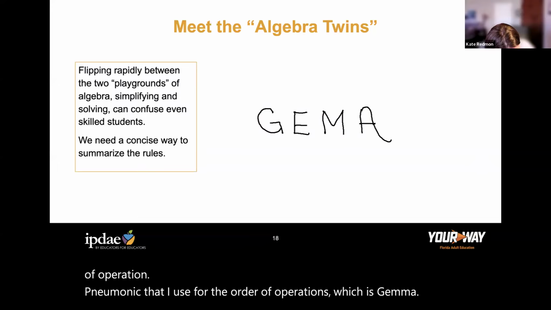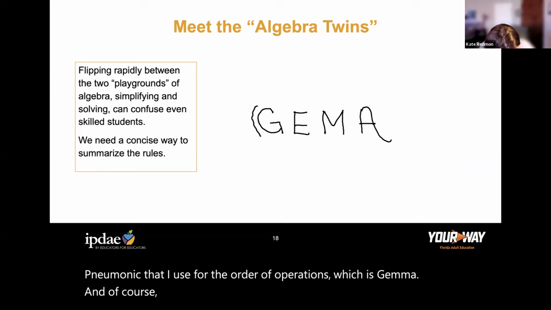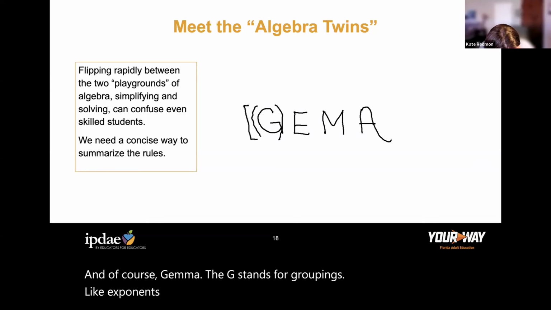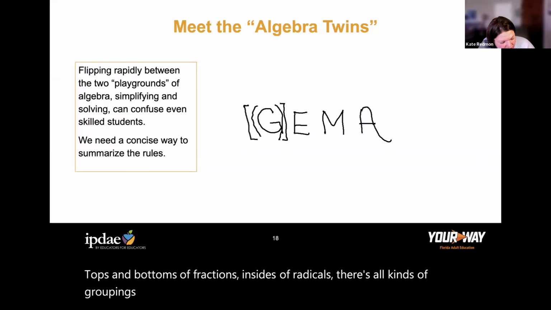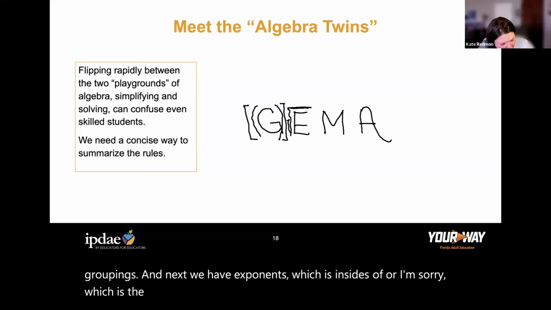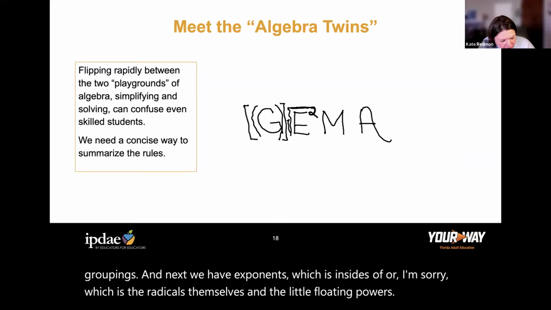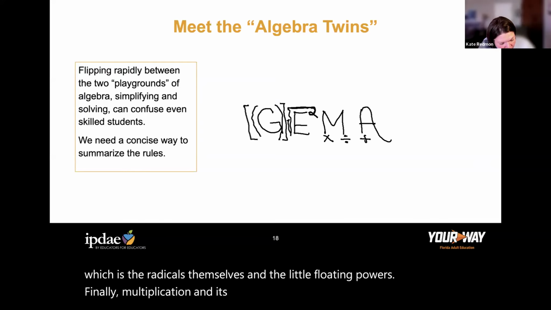And of course, the G stands for groupings, like parentheses, brackets, tops and bottoms of fractions, insides of radicals. There's all kinds of groupings. Next we have exponents, which is the radicals themselves and the little floating powers. Finally, multiplication and its inverse division, and addition and its inverse subtraction.